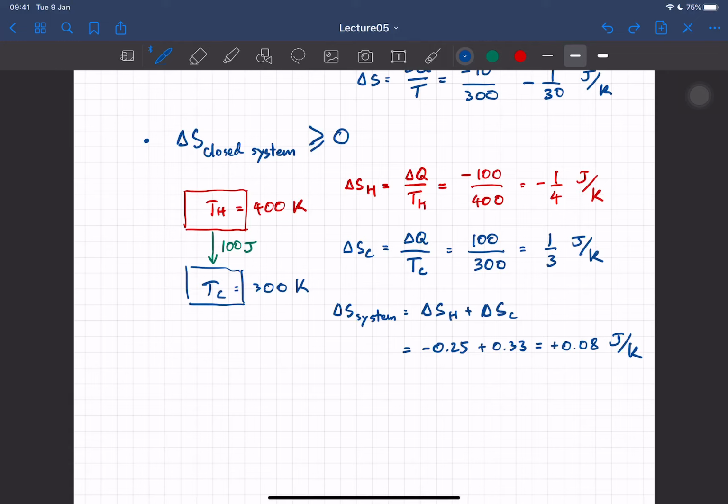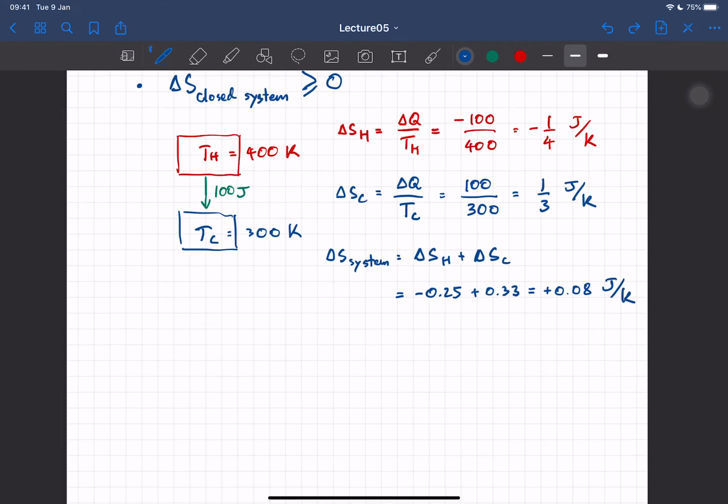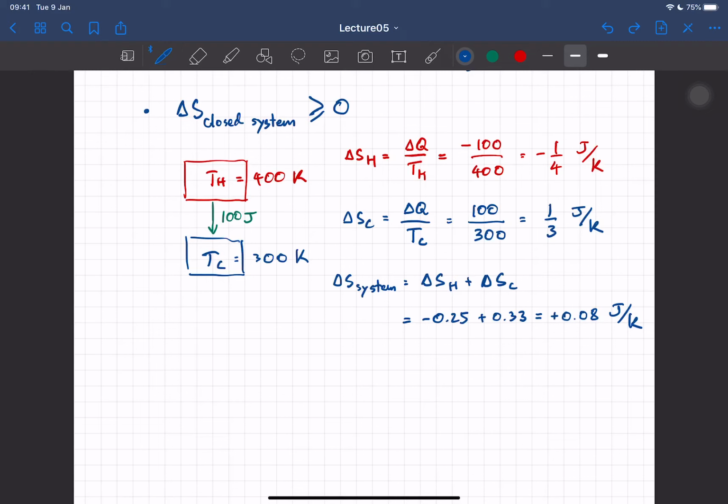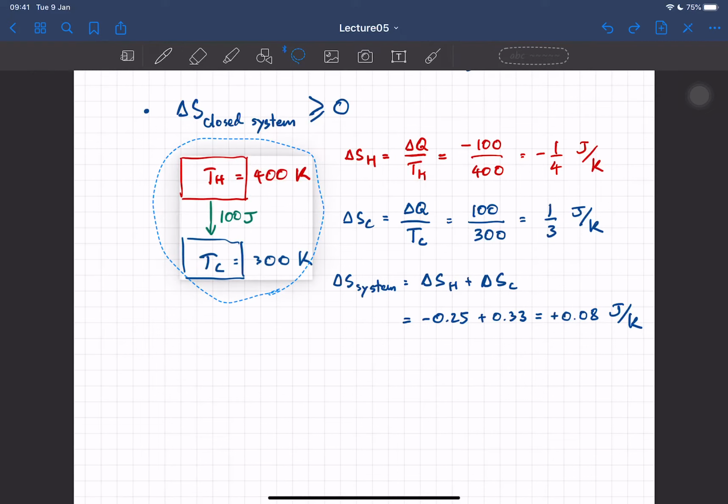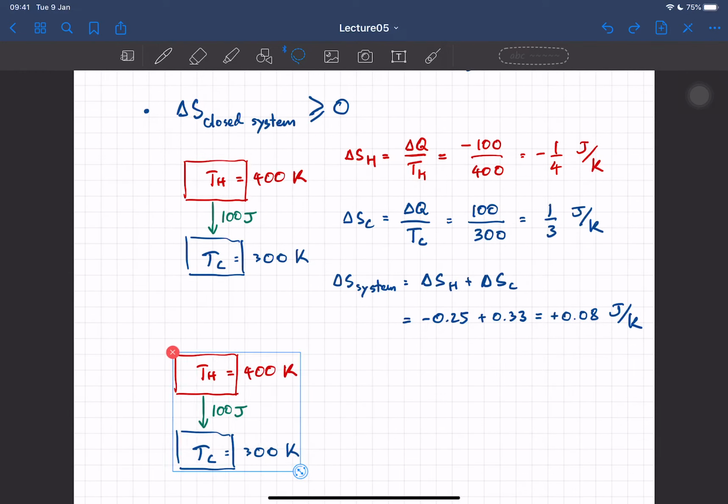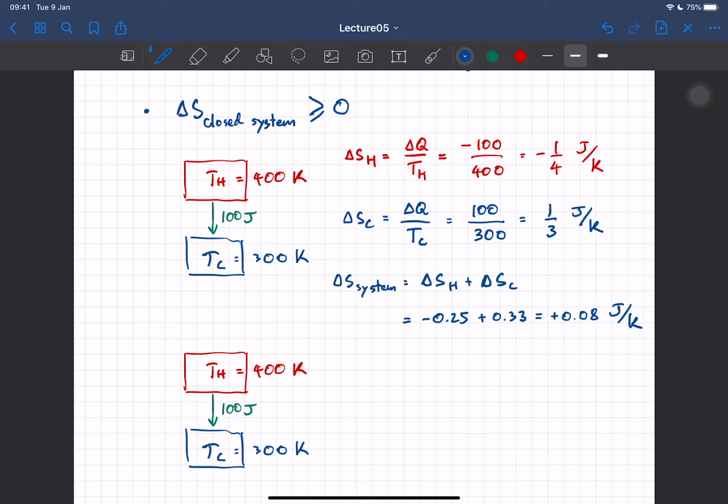Now, let's assume, what if the heat flows from cold to hot? So let's just reverse the direction of this diagram. Just to make it easy, I will copy and paste here, and then I will reverse the direction of the heat flow.